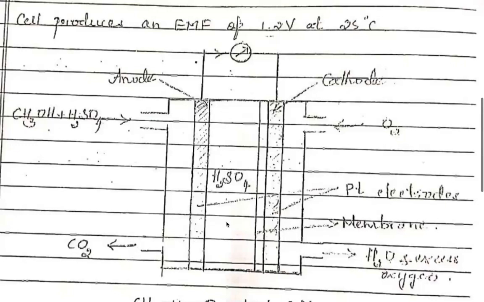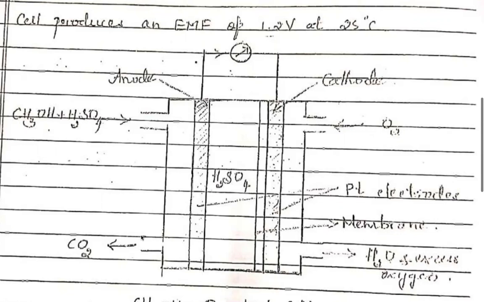But if I use NaOH, carbon dioxide gets converted into carbonate in the presence of alkali. I hope you understood. The use of alkali as electrolyte will create a problem: the carbon dioxide produced during the reaction is absorbed by the alkali electrolyte and precipitated as its carbonate, and then its removal becomes difficult.